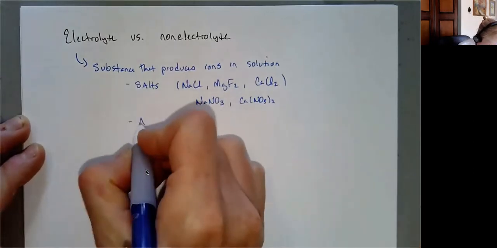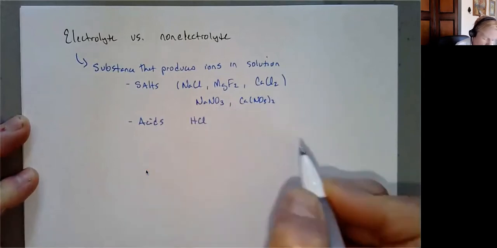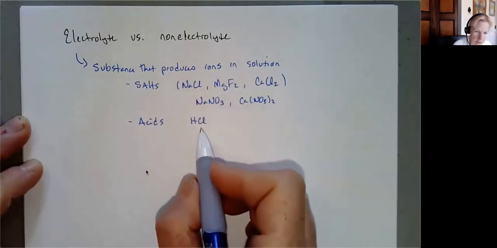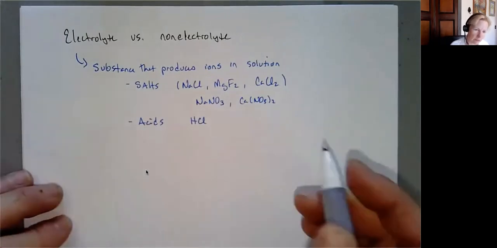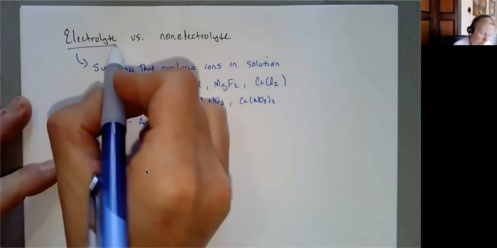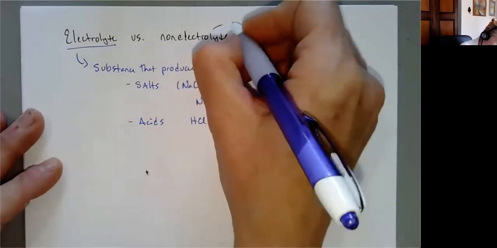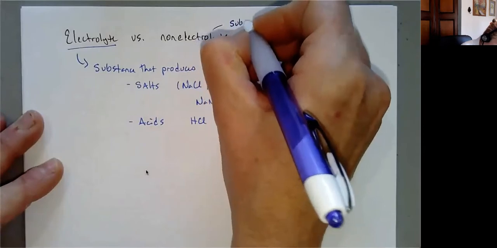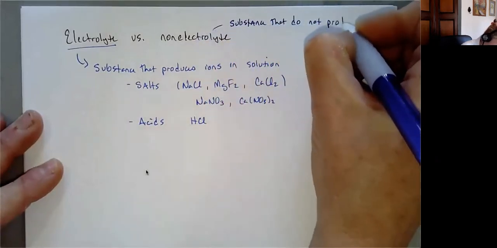And also acids, acids that dissociate. Hydrochloric acid, for instance, would form hydrogen ion and chloride ion. That's a substance that's going to produce ions in solution, so these would all be electrolytes. A non-electrolyte is your covalent compounds, substances that do not produce ions in solution.